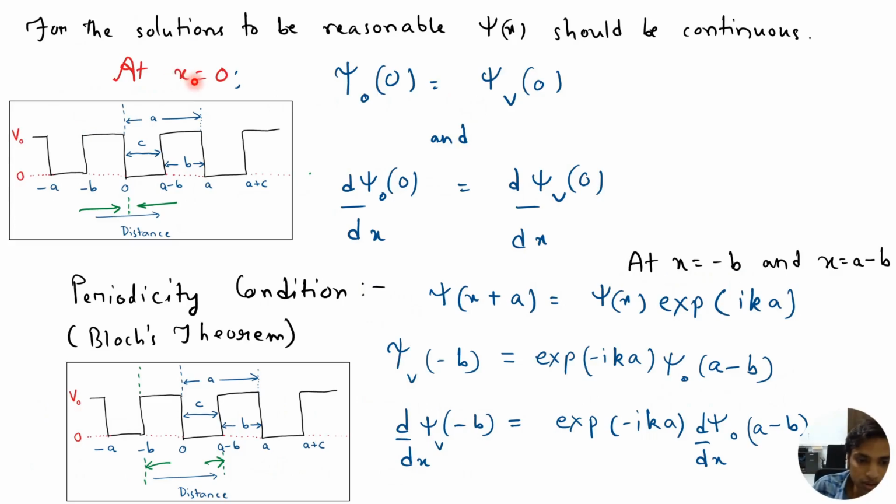Now what we are going to do is to look at the nature of the solutions, how the solution psi of x should look. The first requirement is that psi of x should be continuous.